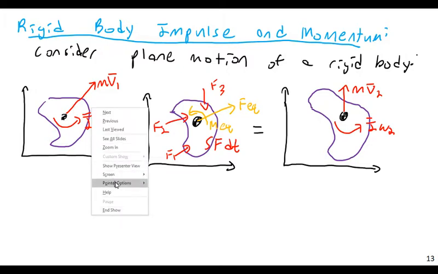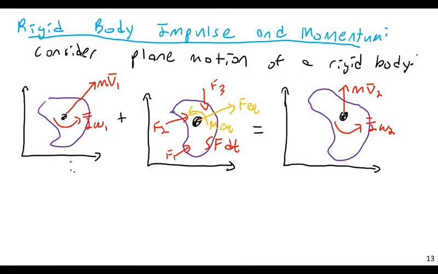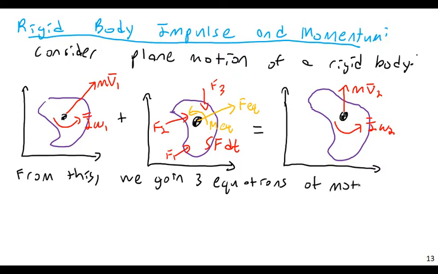And so we can see here that we'll have three equations of motion. From this, we will gain three equations of motion. One, summing momenta and impulses, momenta being the plural of momentum, and impulses about x.